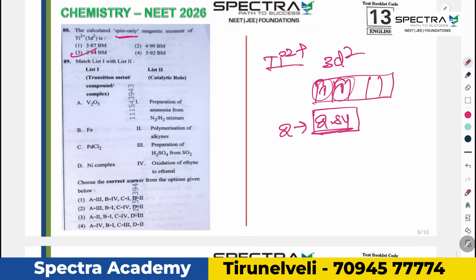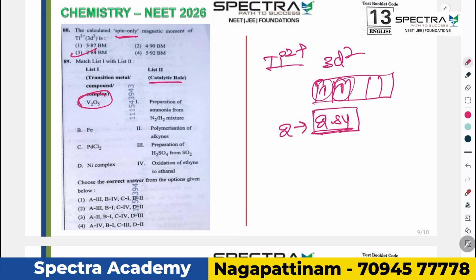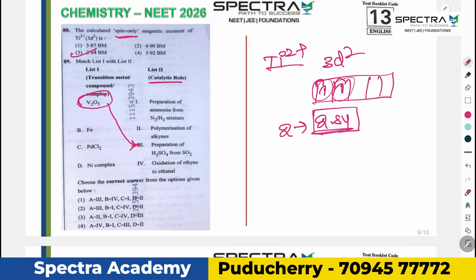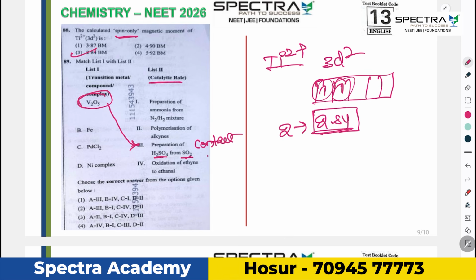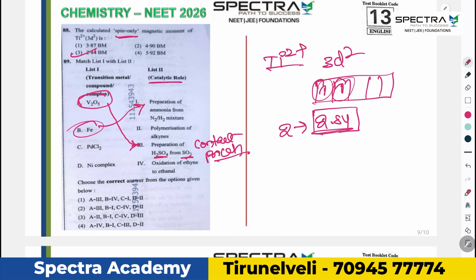89, there is nothing to confuse in 89. Here they have given some metals and their catalyst role in the reaction. Vanadium pentoxide is used in the contact process, that is converting SO2 to H2SO4. Fe is used in the Haber's process, where N2 plus H2 gives NH3, ammonia preparation.